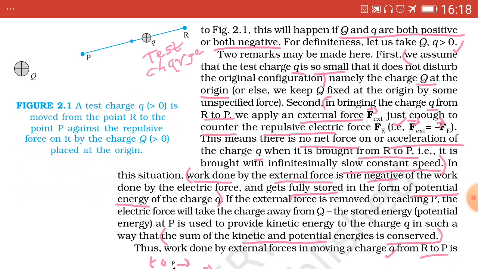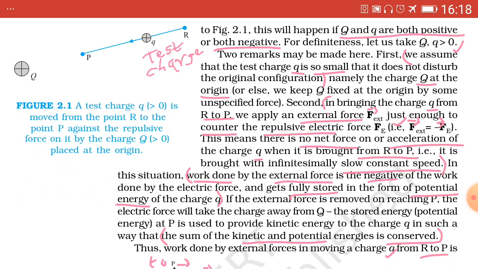Here we assume that the test charge small q is very small. Why small? Because it should not disturb the original configuration, the charge capital Q at the origin. Now in bringing the charge small q from R to P, we have to apply an external force, that is vector F external.